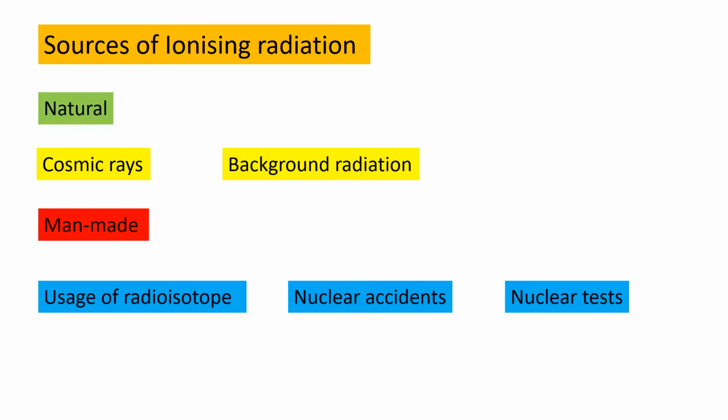That's an isotope, but that's not in the syllabus. So they essentially make it unstable synthetically to prompt it to release radiation so they can use it for nuclear power plants. The other sources are nuclear accidents and nuclear tests. Anything man-made, like the bomb as well.